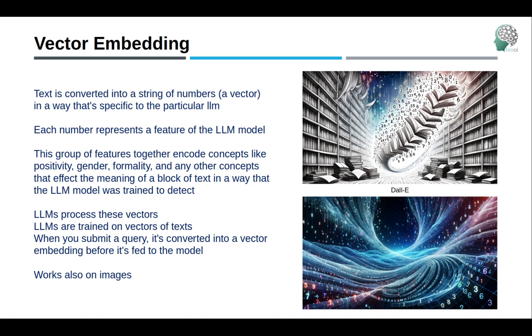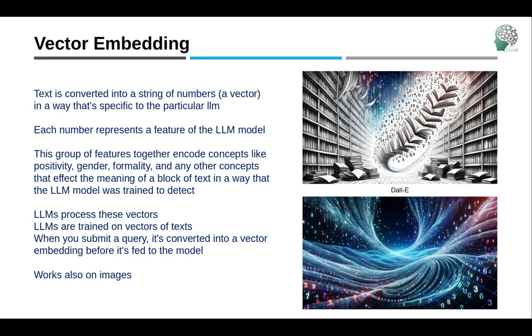So like the meaning of a sentence will be transcribed into this list of numbers. And early, as I was learning about this, I thought maybe that meant each feature was some sort of concept like positivity versus negativity, or like formality, personal versus professional, or something like that.